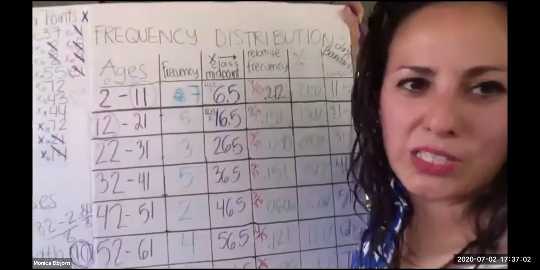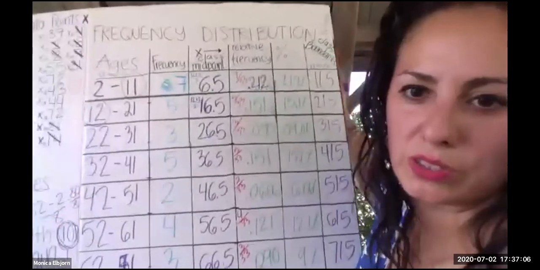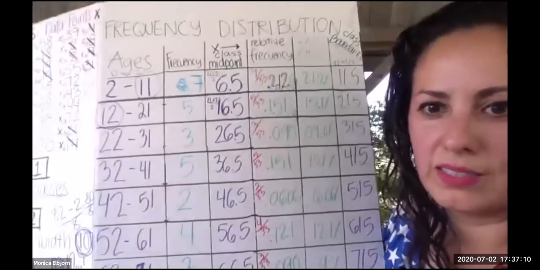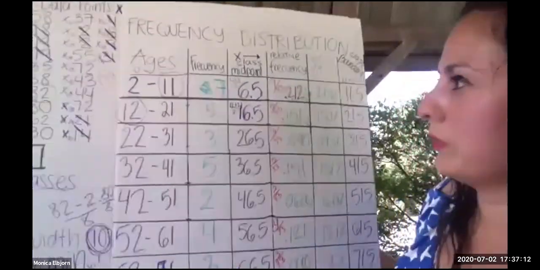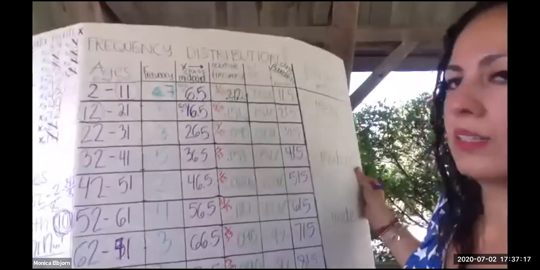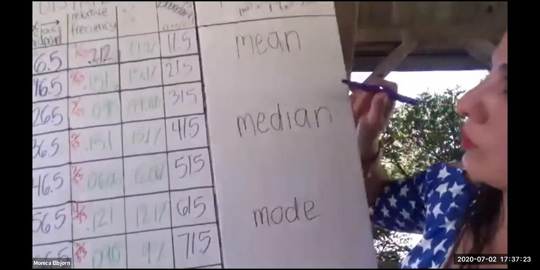You got any questions on how to build this frequency distribution table? So I expect your homework to be similar to this one. So now we can move on to the next topic, which will be the mean, the median, and the mode.